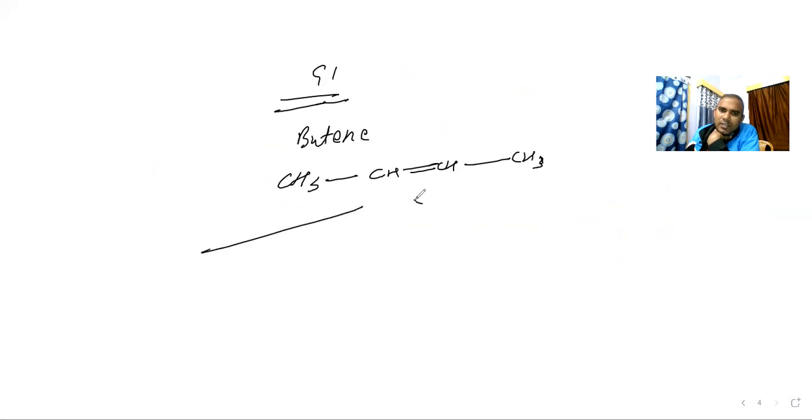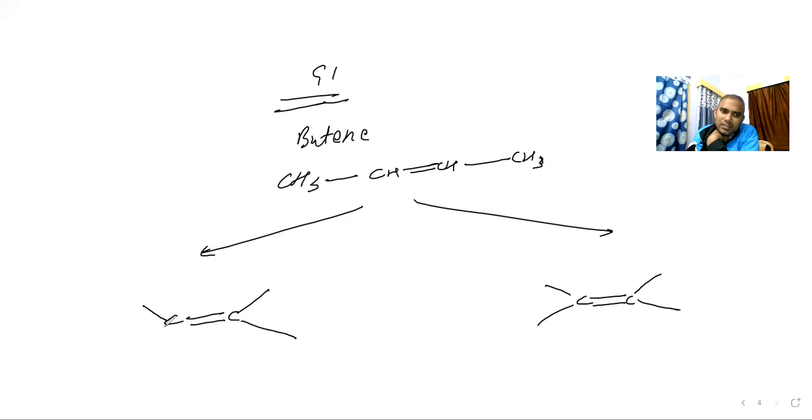This can be represented in two ways: C double bond C, with CH3 on the same side and hydrogen on the other. Here is 1, 2, 3 and 4. That is butene.